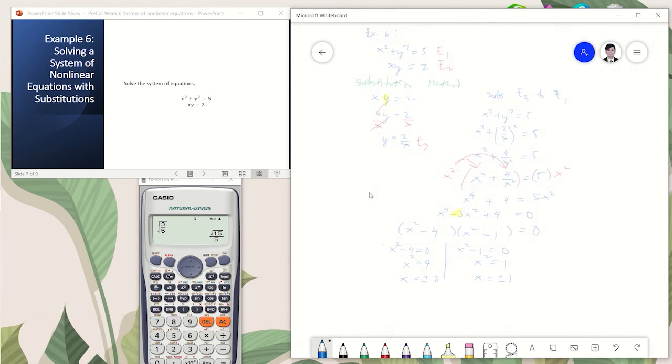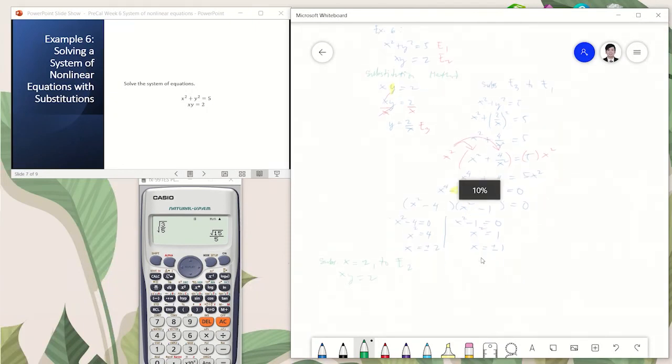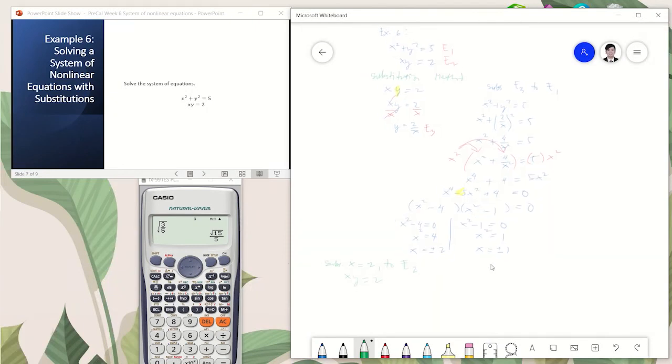So you have a lot of possible answers here. So we have to do it slowly. We just have to substitute x is equal to positive 2 into our equation 2 perhaps. So that is just xy is equal to 2. So 2 times y is equal to 2.